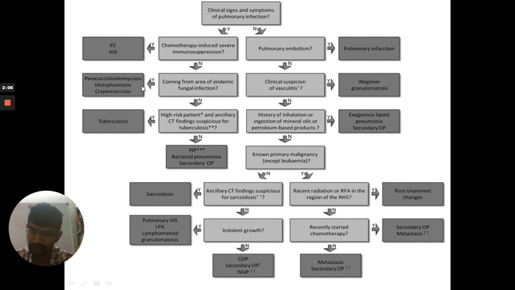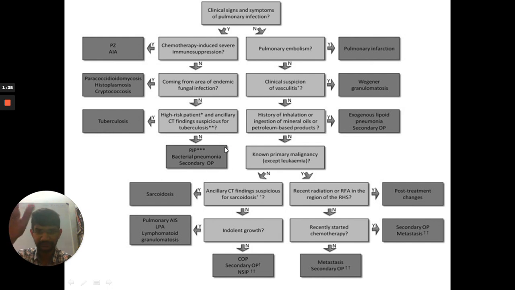It could be paracoccidioidomycosis, histoplasmosis, or cryptococcosis. If the patient is not coming from an endemic area, then in a high risk patient with CT findings of tuberculosis like tree-in-bud opacities, or upper lobe consolidation, it could be tuberculosis. Even if that is not there, it could be PCP pneumonia.